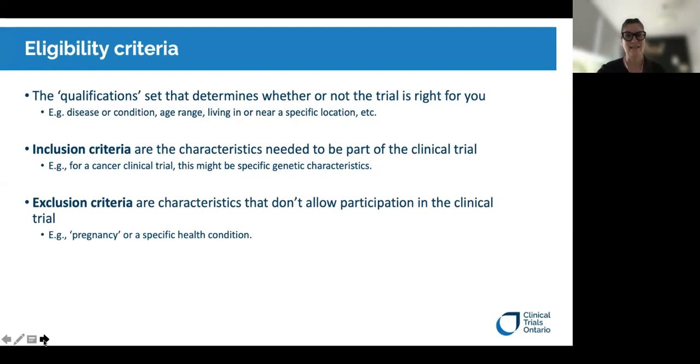Oftentimes, pregnancy is one of those exclusion criteria, or maybe having another comorbidity is also an exclusion criterion. And again, these are set up so that they help really ensure that the researchers and the trialists who are running the study can be sure that what they're seeing is because of the therapy itself, and they can make really strong conclusions about that.